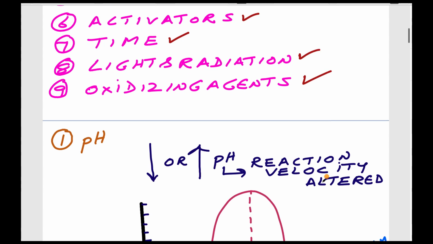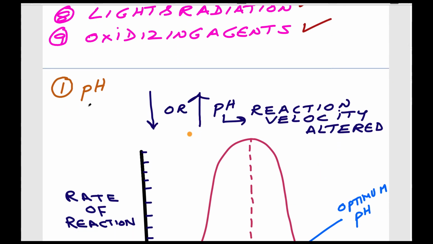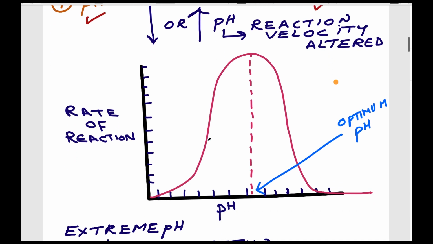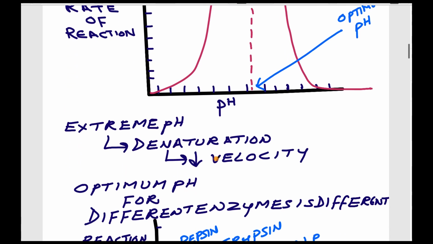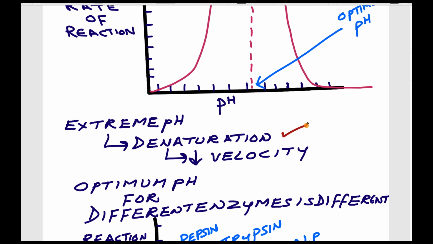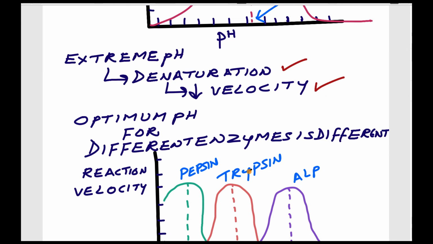Let us summarize one by one. pH, hydrogen ion concentration: decrease or increase in pH affects the rate of reaction. It is a bell-shaped curve between rate of reaction and pH. Every enzyme at its optimal pH will show the maximal velocity. At extreme pH, denaturation takes place and velocity is decreased. Optimum pH for different enzymes is different.